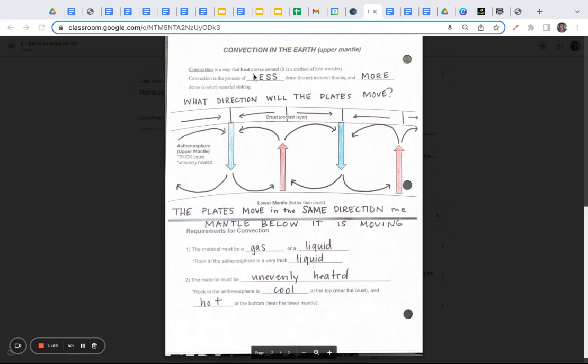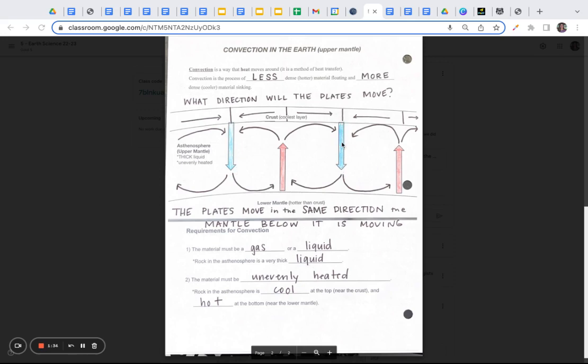Again, up here it says convection is the process of less dense, hotter material floating and more dense, cooler material sinking. I apologize, I'm not here to do this with you if we didn't do it last class, but the cool arrows, or the sinking arrows, we colored blue.